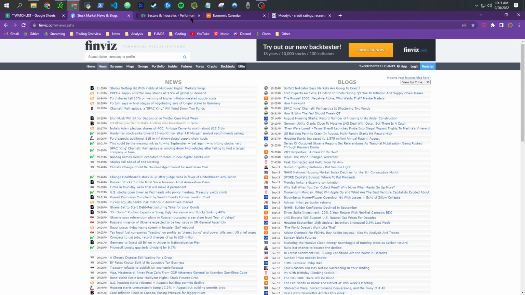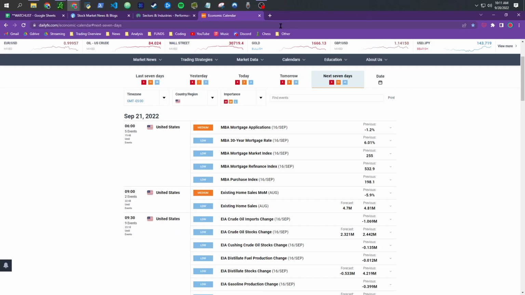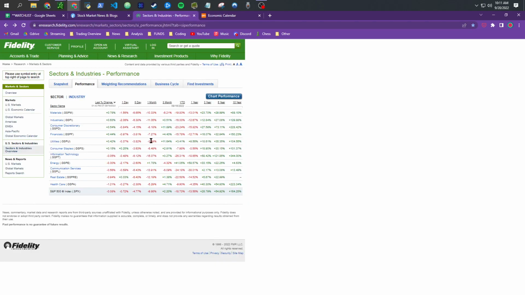These are the tabs I always have open, basically. So Finviz news, next one is sectors and industries. This is Fidelity, and let's hit refresh, make sure. Okay, this just tells me which sectors are outperforming or underperforming. So real estate is the laggard here.